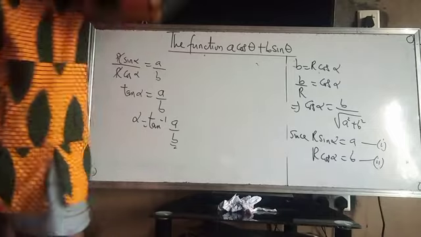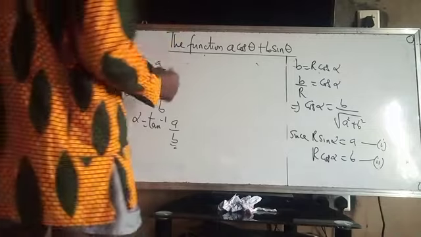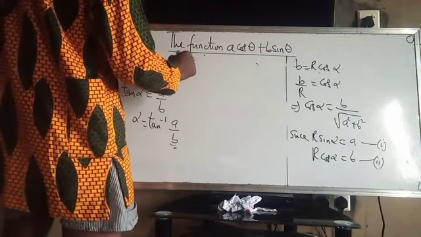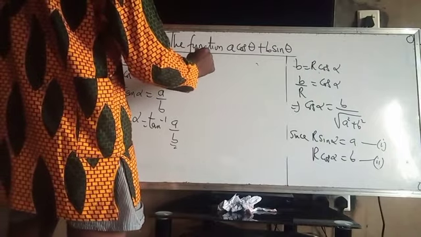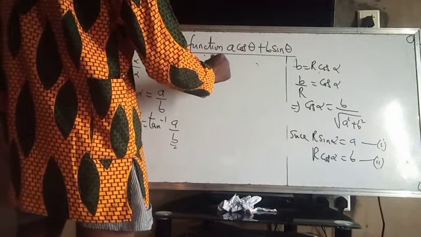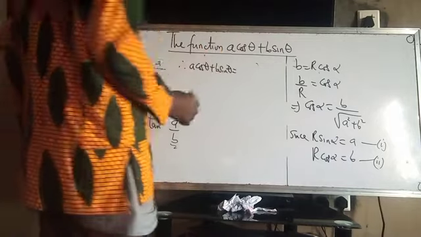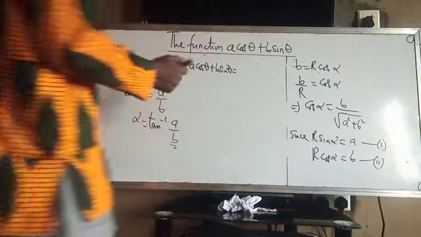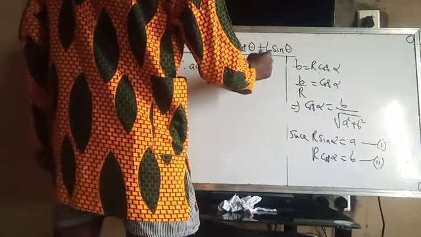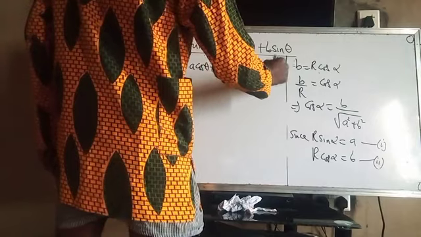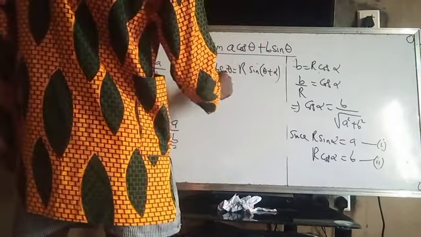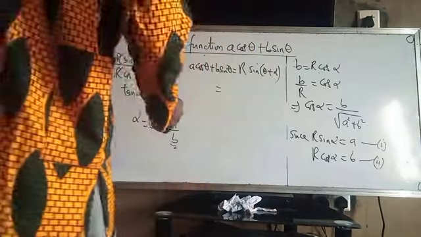So now going back to the function given to us, a cos theta plus b sine theta, we said from our evaluation it should be r sine of theta plus alpha. And our r, what did we get for our r?